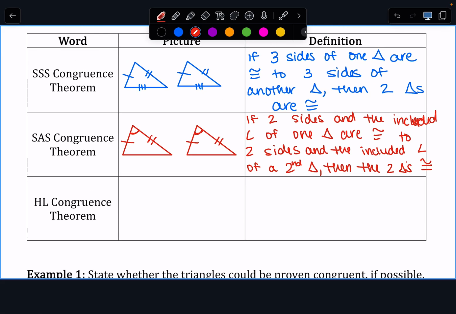All right, and then our third shortcut today. HL. Hypotenuse and leg, not hypothesis. So we're talking about what kind of triangle? This is specific to a right triangle.